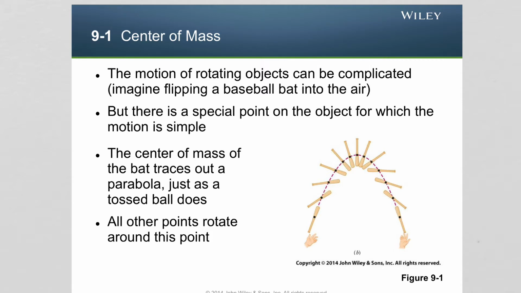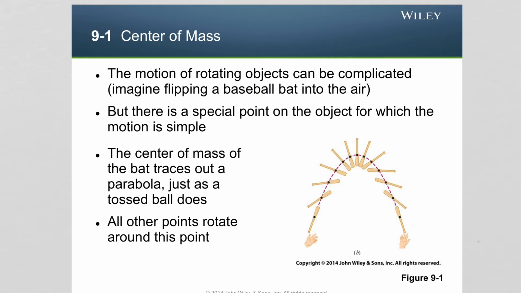The baseball bat is going to rotate about a specific point somewhere inside the volume of the bat. So as the bat is traveling through the air, it is rotating. But at the same time, this specific point inside the baseball bat is undergoing a motion along a parabola. So this is a complex motion that involves rotation.